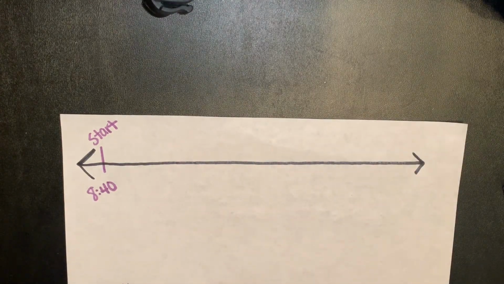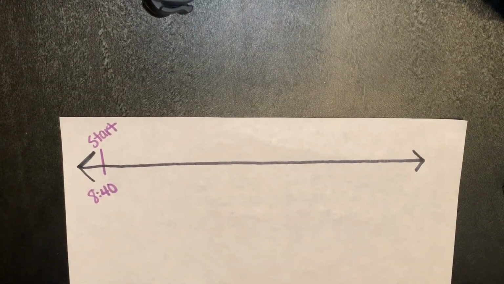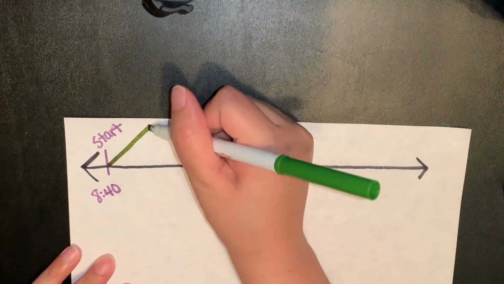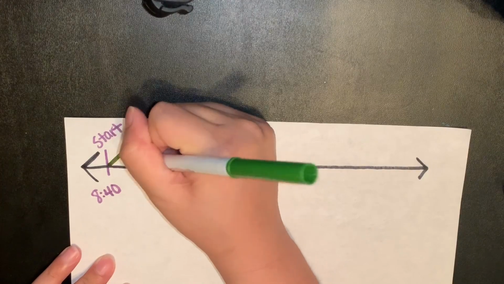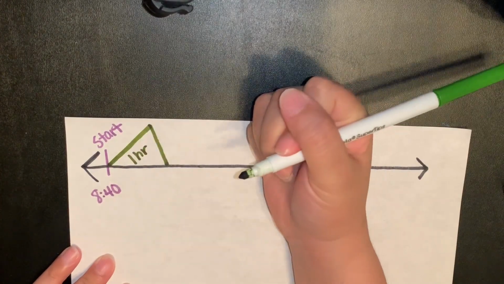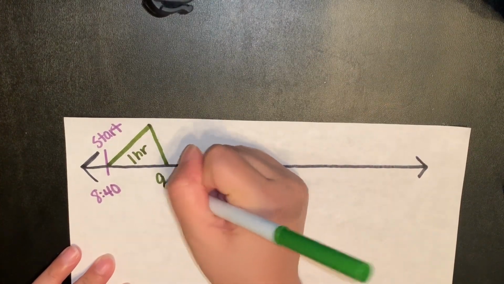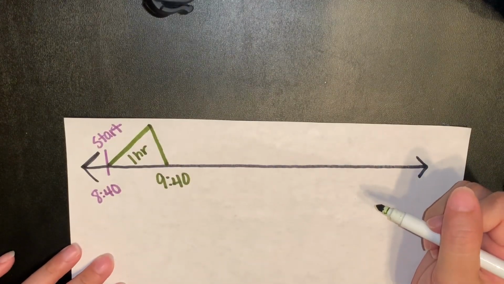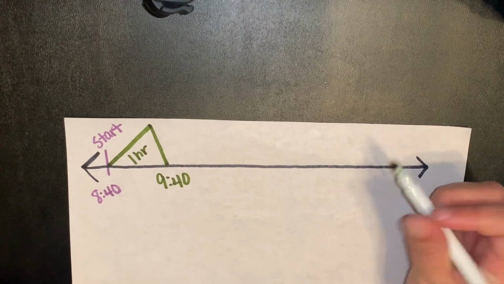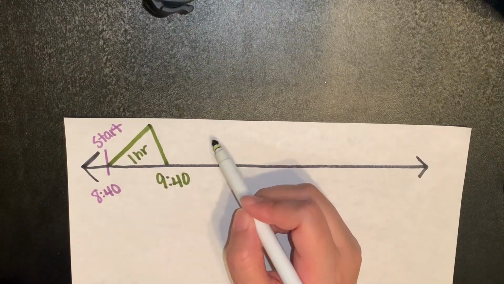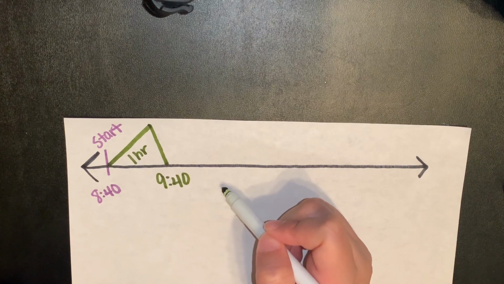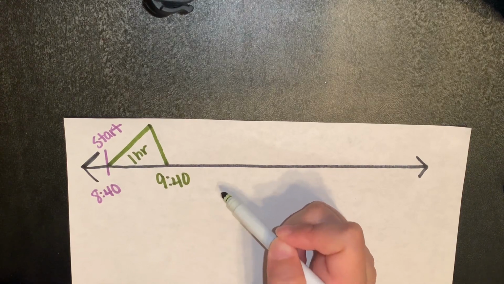So we're going to count by hours. From 8:40, we're going to draw one mountain, which equals 1 hour. And that gives me 9:40. Now, since I'm trying to get to 10:31, I cannot add another hour because then that would equal 10:40, and it is past the time I'm trying to reach.